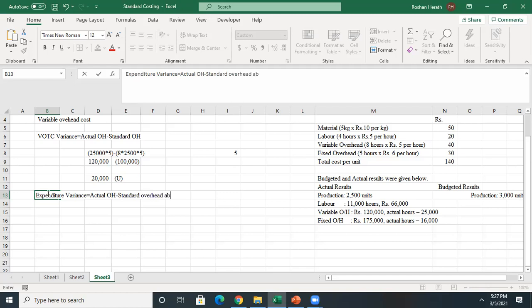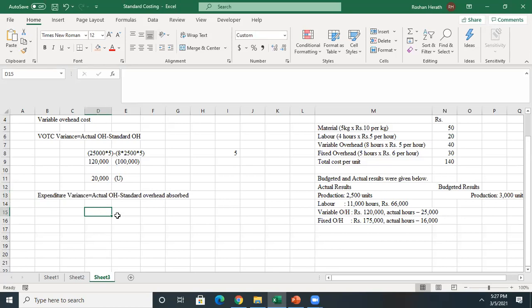Overhead absorbed. Absorbed කියලා තමයි අපි ගත්තේ. Actual overhead එතකොට අපිට තියෙනවා 25,000 into 5 තමයි actual overhead ආවේ. Overhead absorb කරනවා කියන්නේ actual hours වලින් තමයි multiply වෙන්න ඕනේ. Standard product එකට යනවා 8 hours.